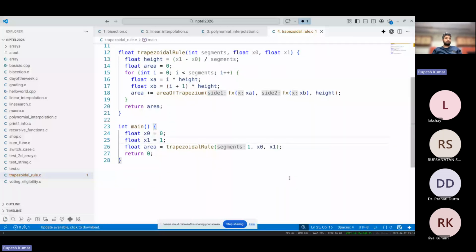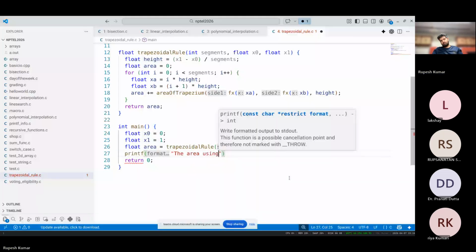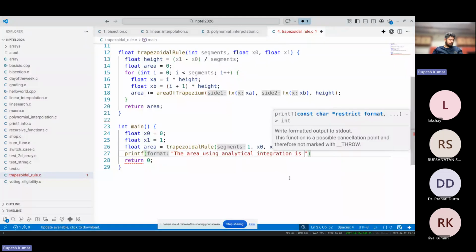So printf area using analytical integration is percentage f. Then I will add percentage d for these segments. Okay, sorry.